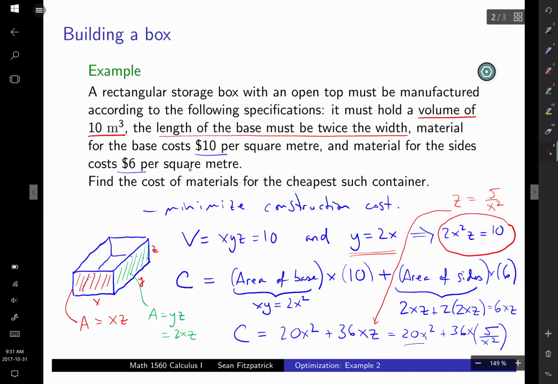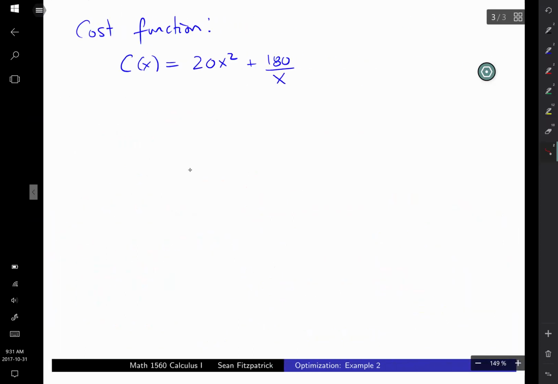So again, my domain in this case is anywhere from 0 to infinity. But I can notice that the limit as x approaches 0 of c of x is infinite, and so is the limit as x approaches infinity.